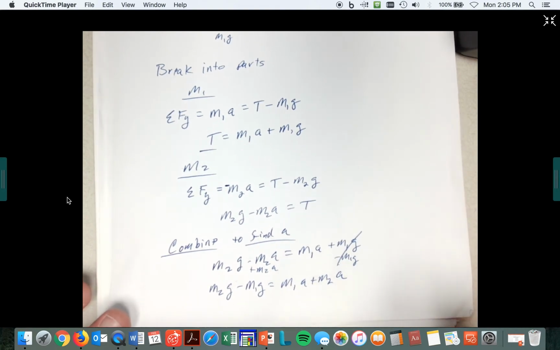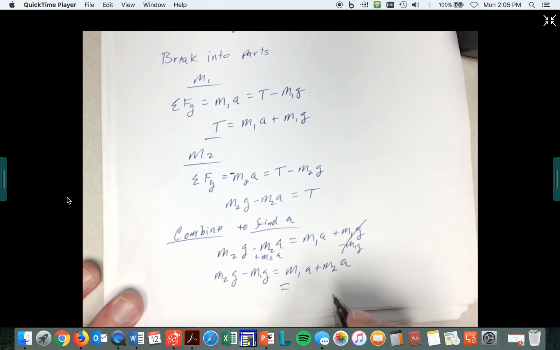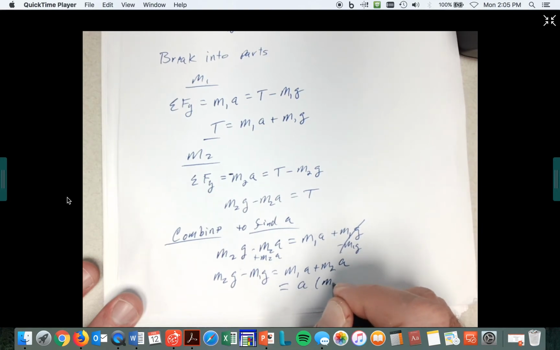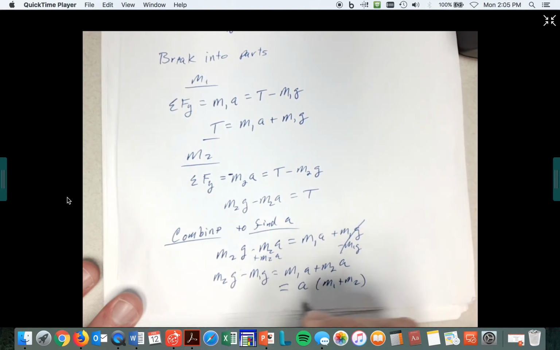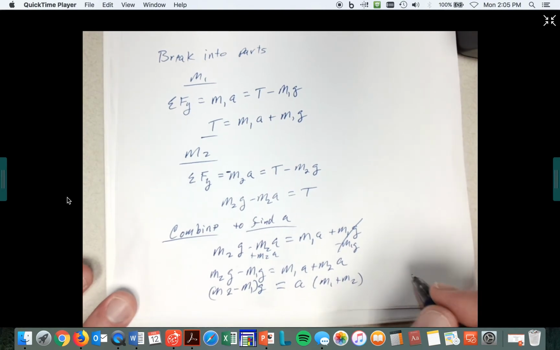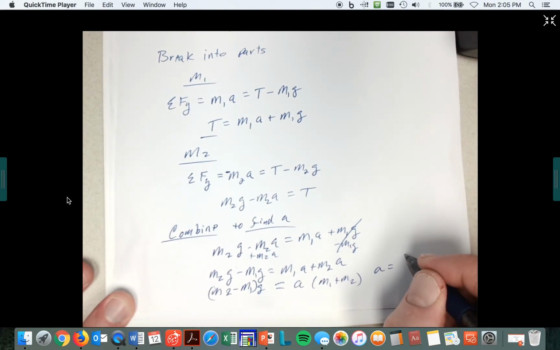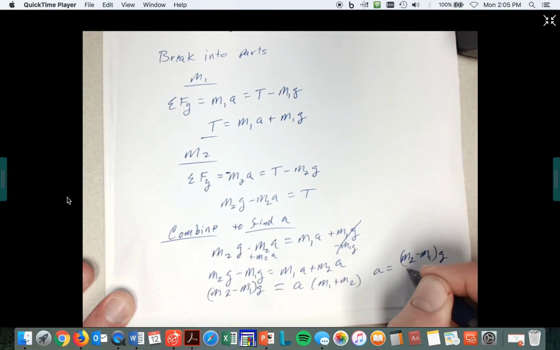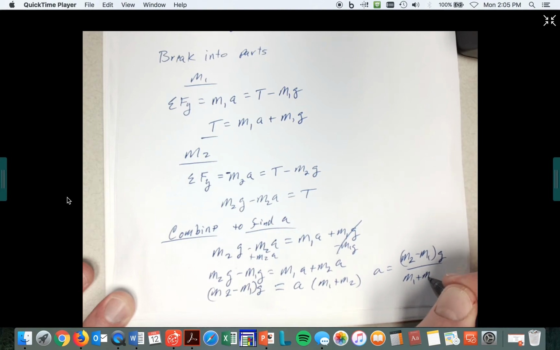So therefore, for the acceleration, I'll just factor it out. I get m1 plus m2 times a is equal to m2 minus m1 times g. So a is equal to m2 minus m1 times g over m1 plus m2.